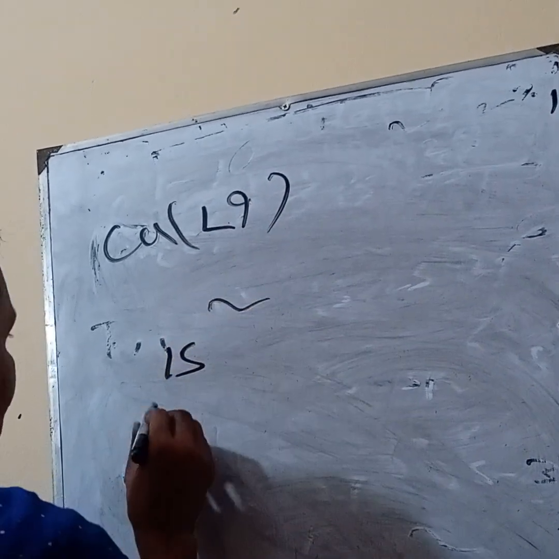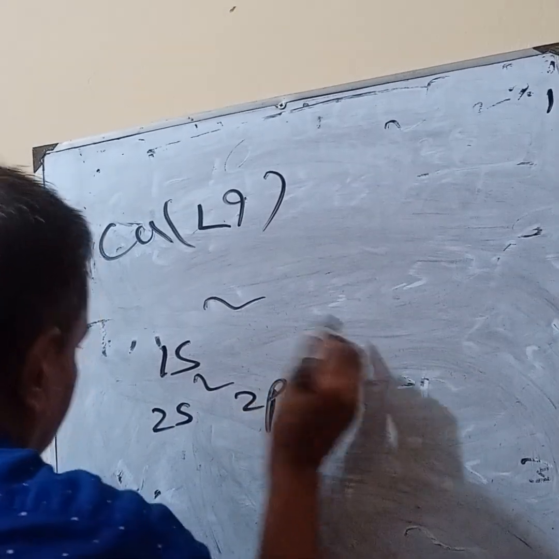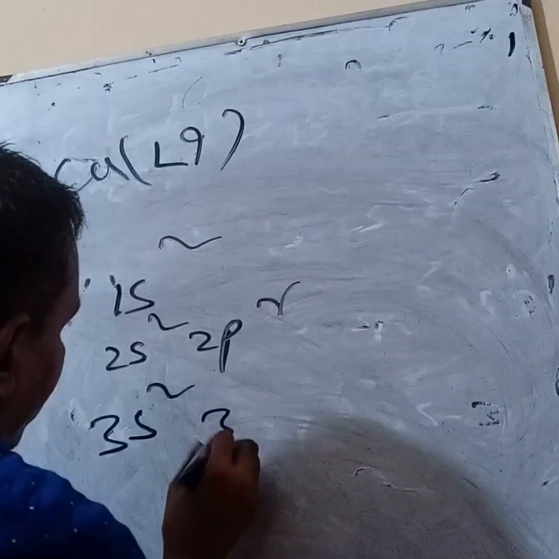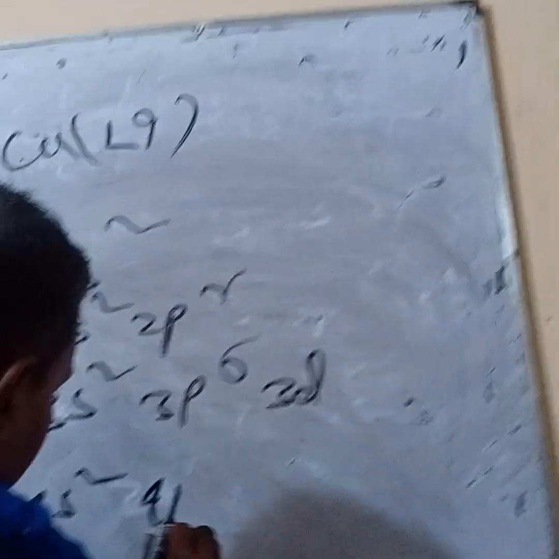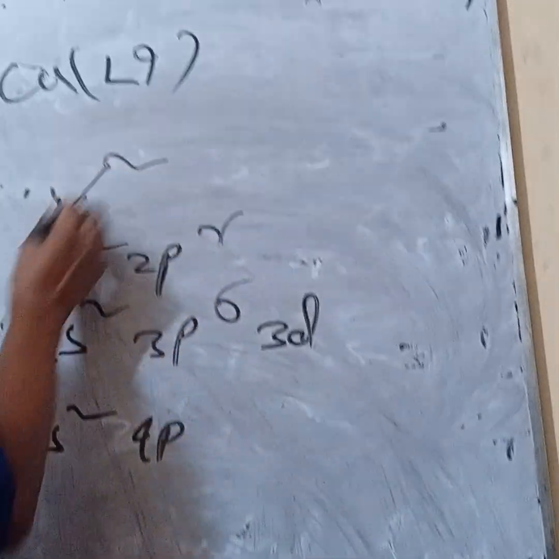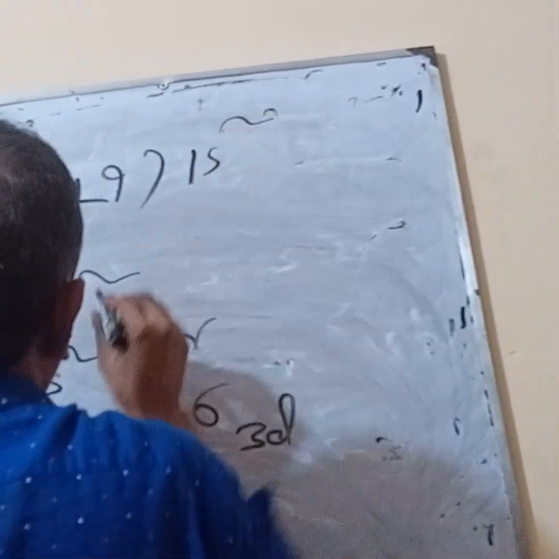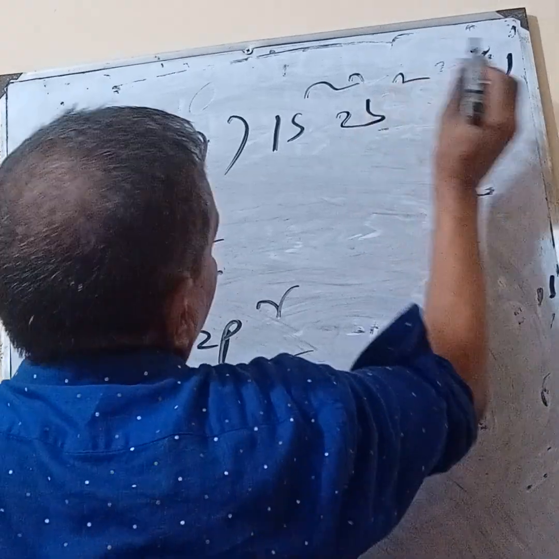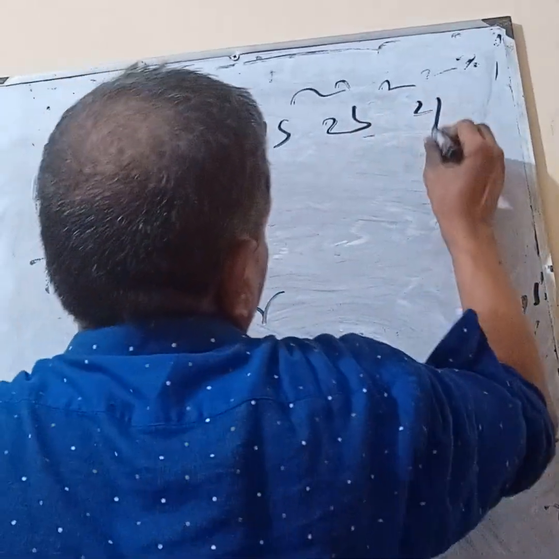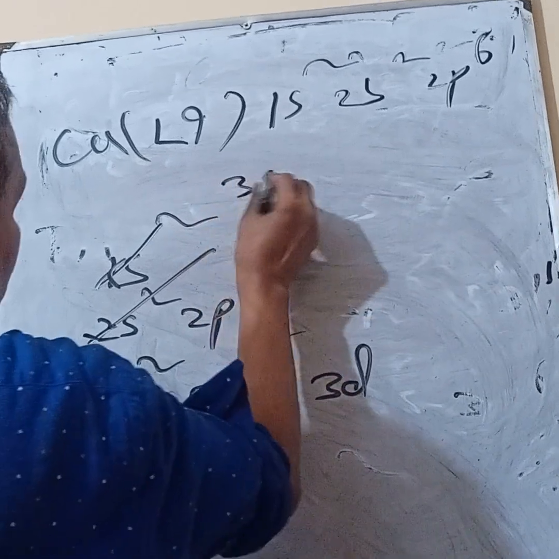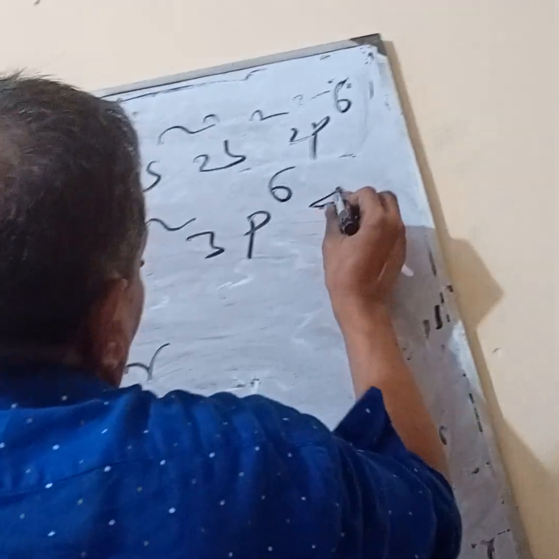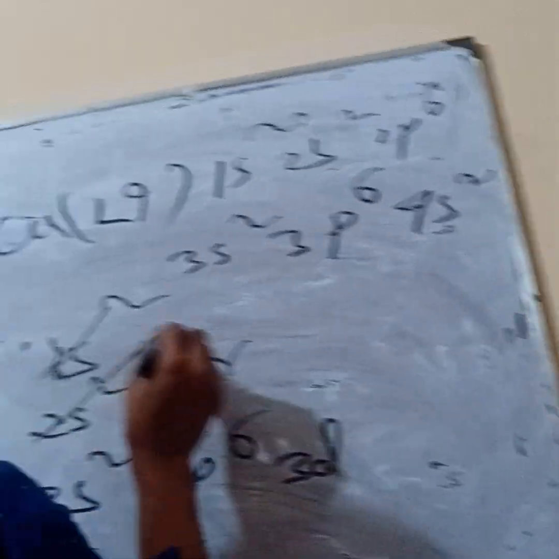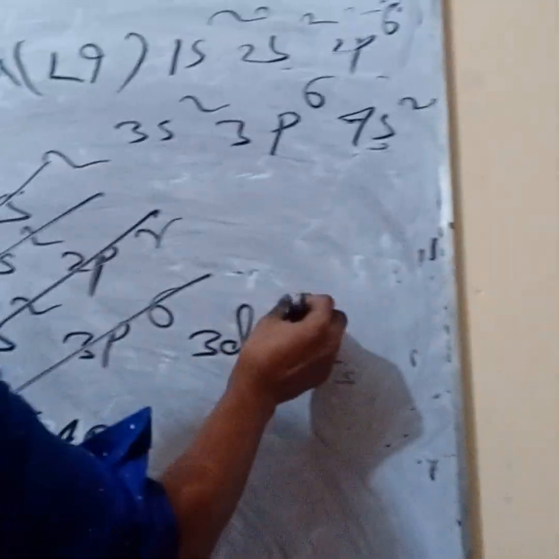1s2, 2s2, 2p6, 3s2, 3p6, 3d10, 4s2, and 4p.